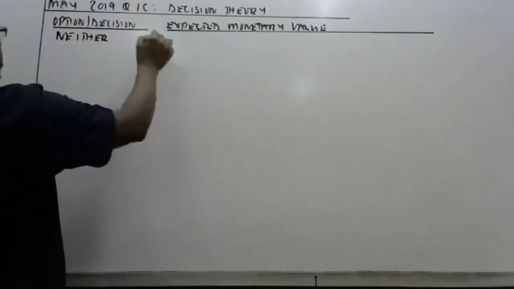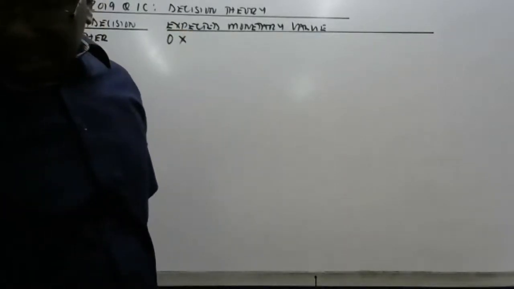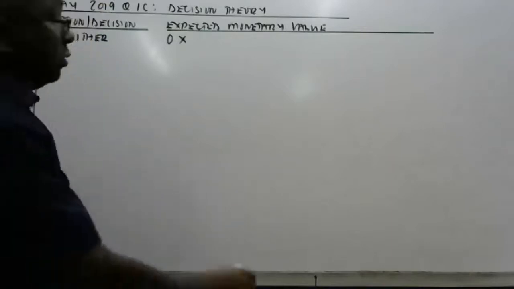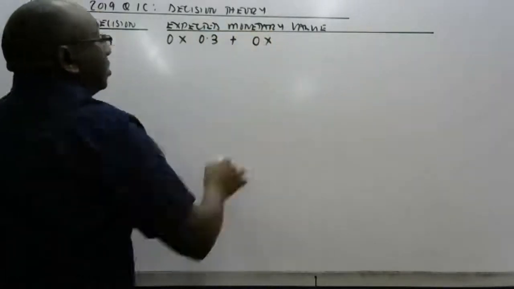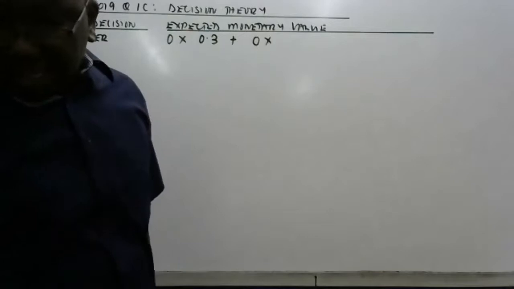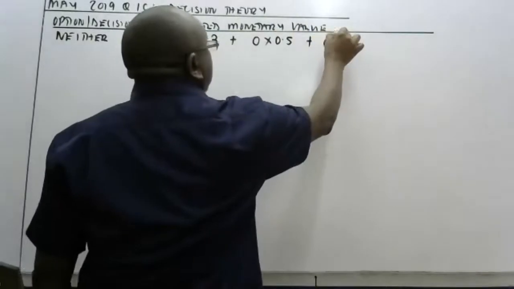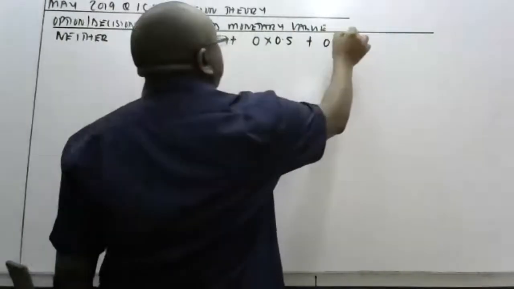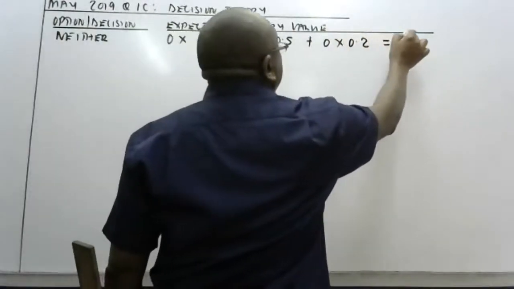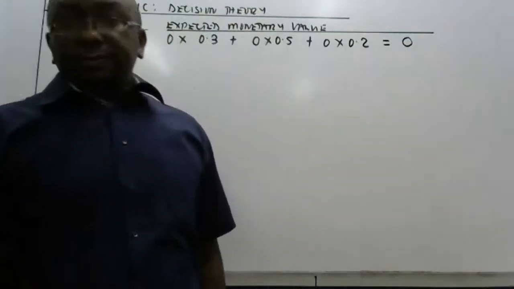The payoff is 0, and then the probability for good performance is 0.3, plus the next payoff is 0, and the probability is 0.5, plus the next payoff is 0, and the probability of poor is 0.2. So the answer is 0.